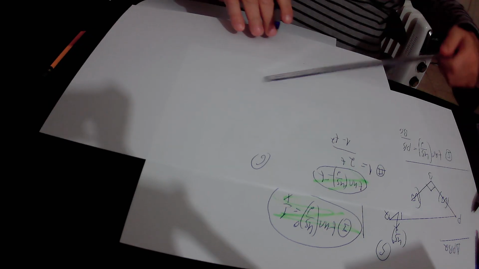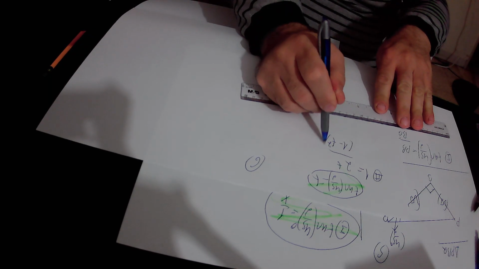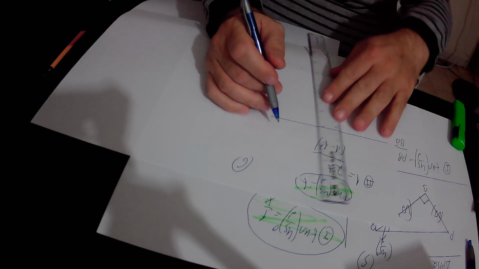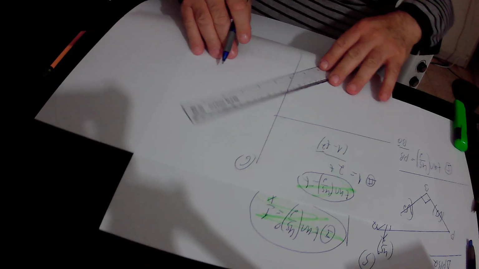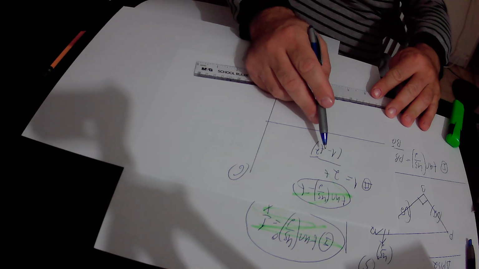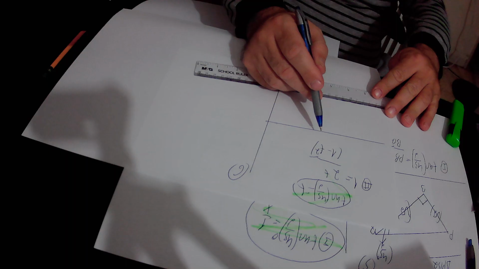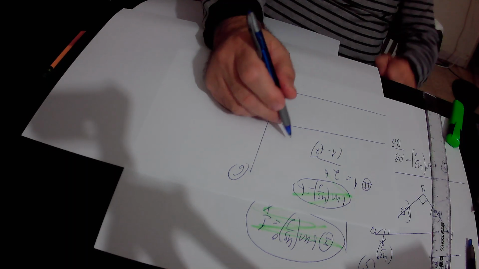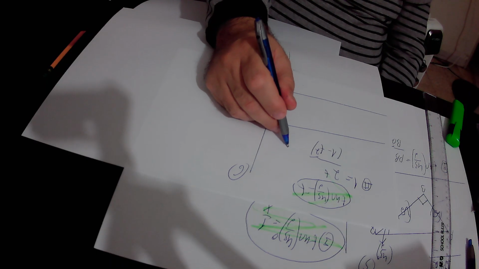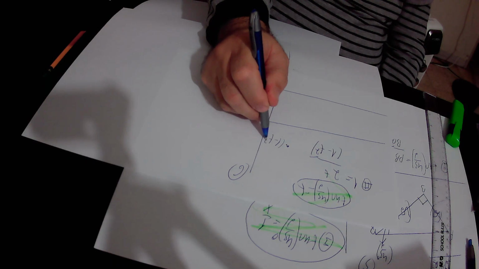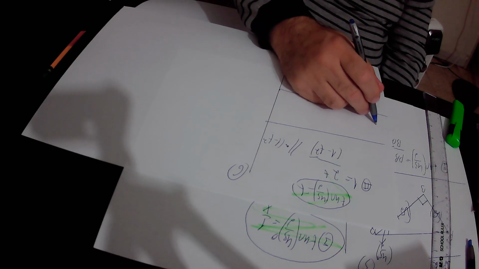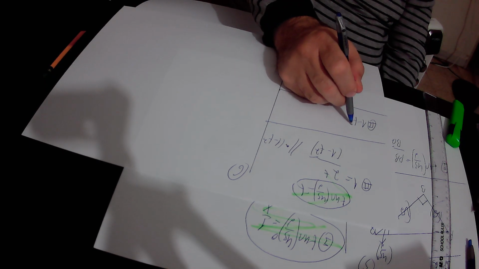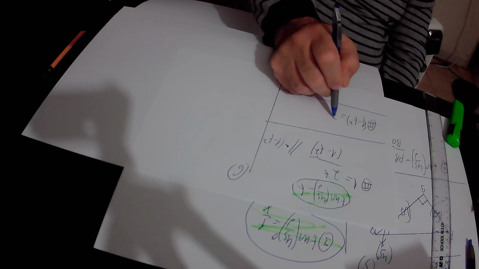So in conclusion, we found out that according to equation number 2, 1 equals 2t over 1 minus t squared. Here we will multiply this equation number 2 by 1 minus t squared, and we get 1 minus t squared equals 2t.